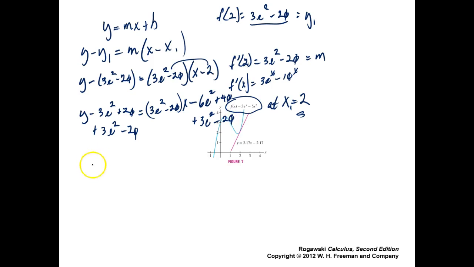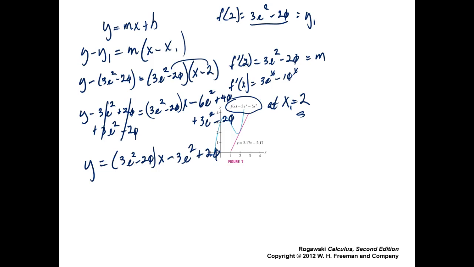Okay, let's see what that gives us. Y, because these go to 0, that's why we did it, is equal to, here's your slope, 3e squared minus 20 times x minus 3e squared plus 20.